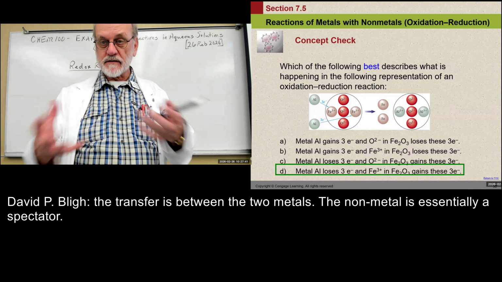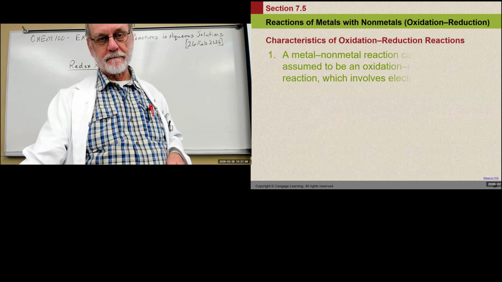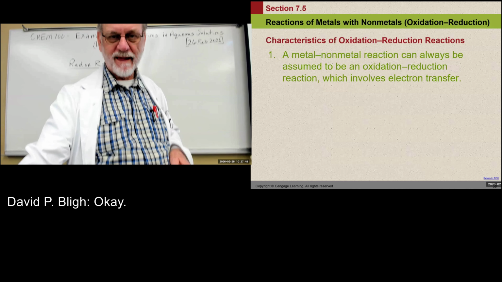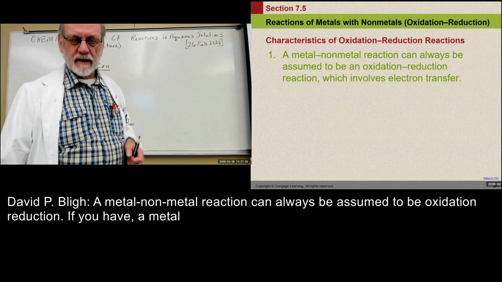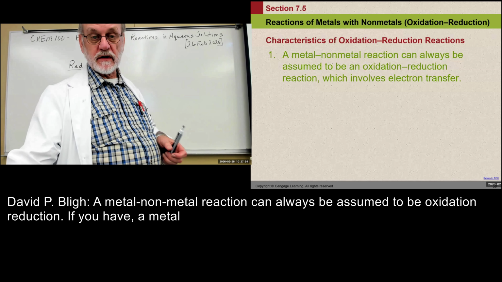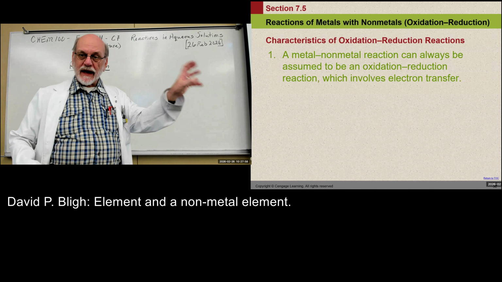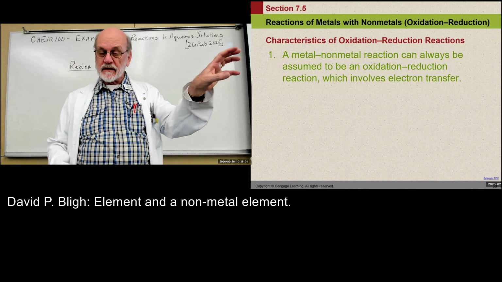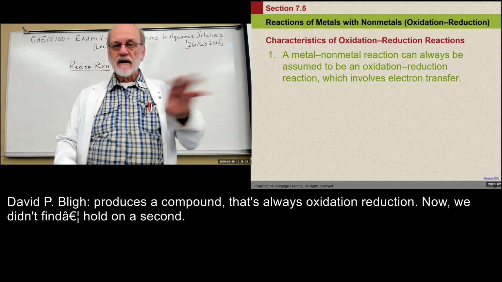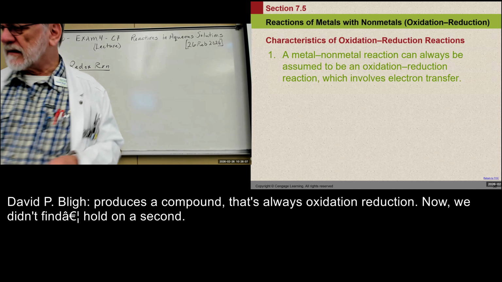The nonmetal is essentially a spectator. A metal-nonmetal reaction can always be assumed to be oxidation reduction. If you have a metal element and a nonmetal element produces a compound, that's always oxidation reduction.